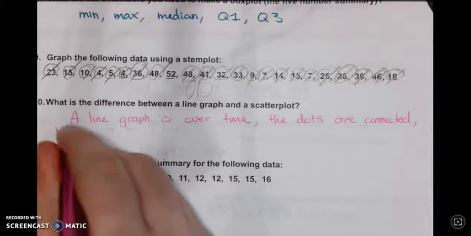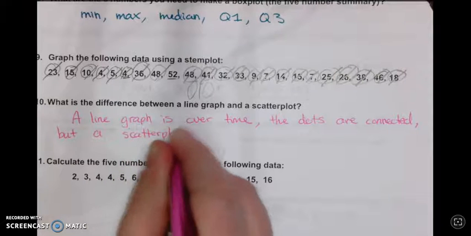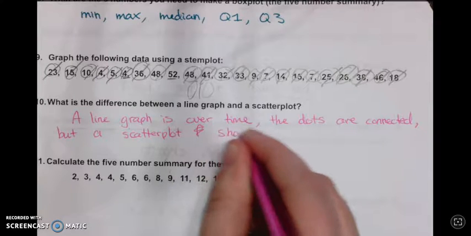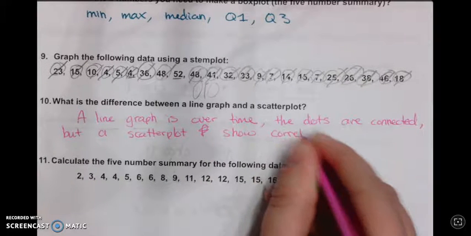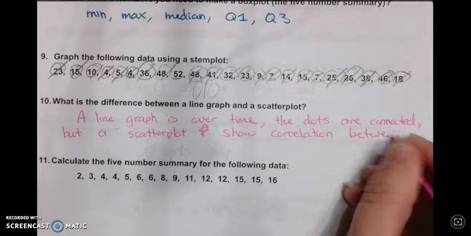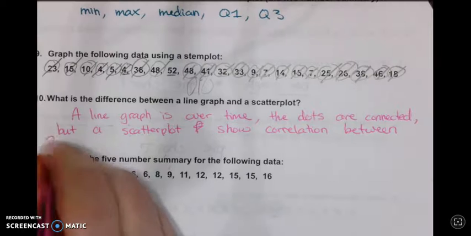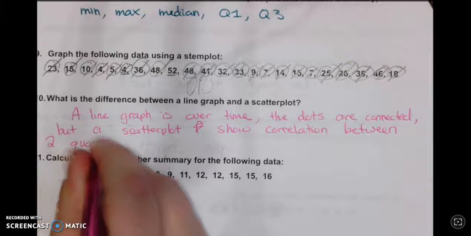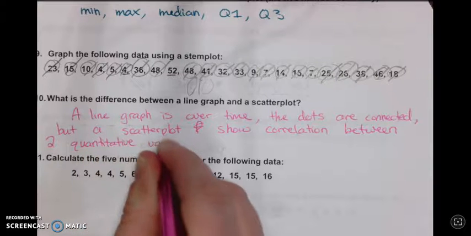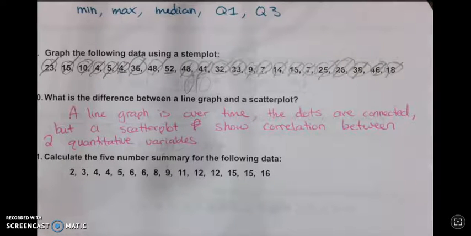But with a scatter plot, it shows correlation between two variables, and it has to be quantitative, so I'm going to say that, between two quantitative variables, and has a trend line or a line of best fit.